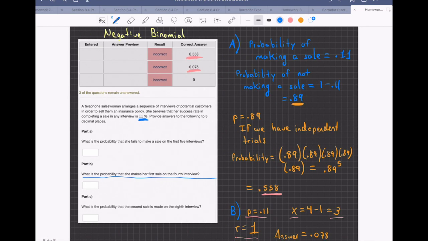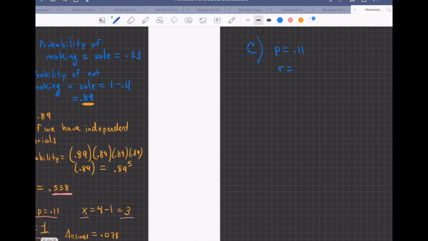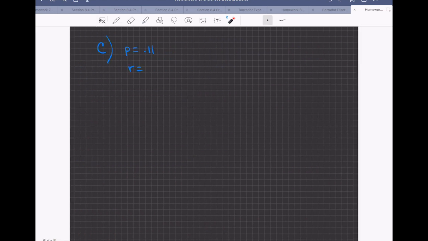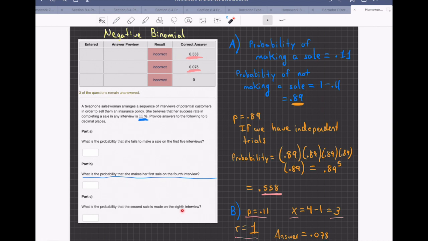For part C, it says what is the probability that the second sale is made on the 8th interview. So again, we're talking about the sale. The probability is 0.11. What is the number of successes that we want? In this case, the second sale, so R is going to be equal to 2. And we want this to happen in the 8th interview.